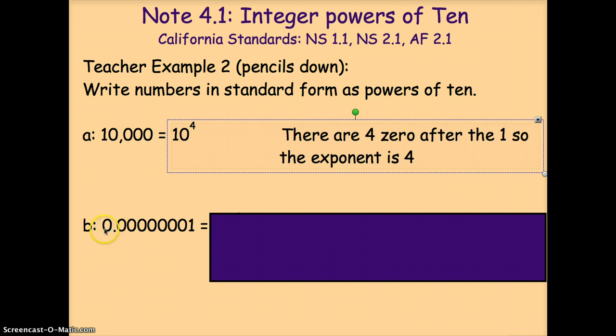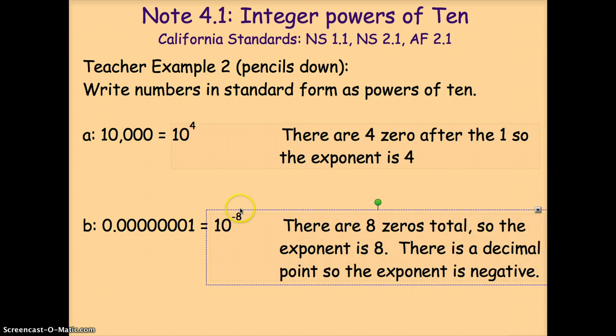Remember, I need to count the 0 in front of the decimal as well. You may want to make a note to yourself to help you remember. So, counting the zeros, 1, 2, 3, 4, 5, 6, 7, and 8. Now, I know I'm going to have 10 to the 8th power, but also I know my answer is a decimal. It starts out with a decimal point, so I know it's going to be a negative 8. Okay.